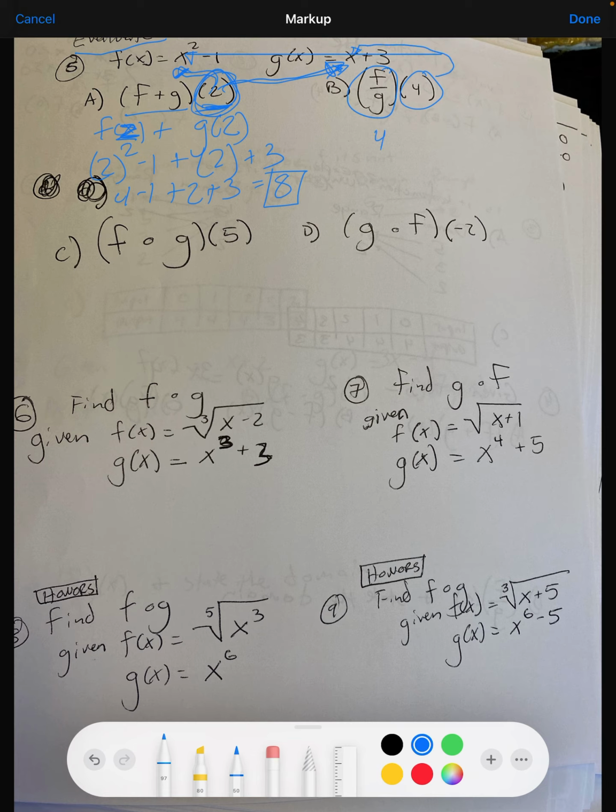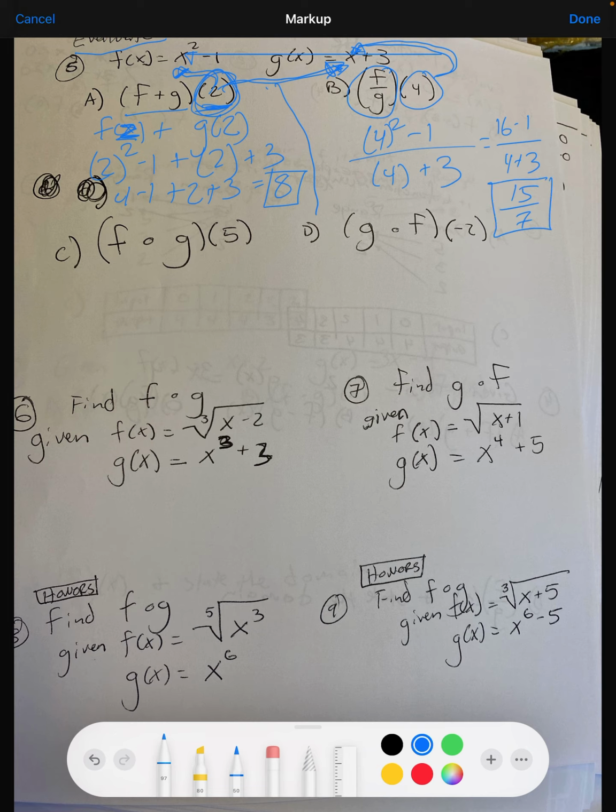So we're going to get 4 squared minus 1, that's my function f with input of 4, over g of x is x plus 3, so 4 plus 3. Evaluate, we get 16 minus 1 over 4 plus 3. That is 15 sevenths.